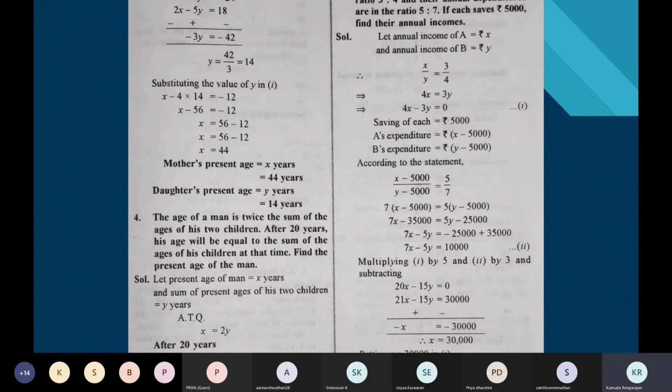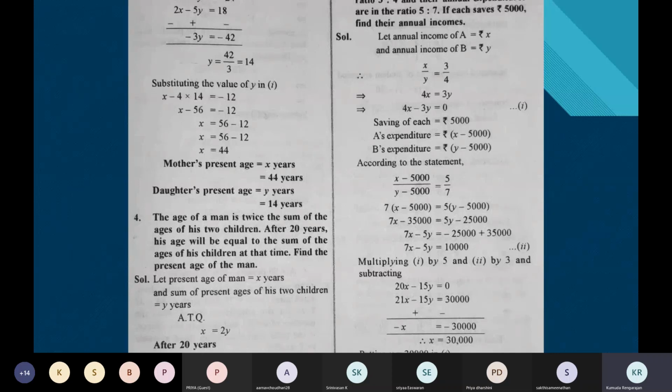So we'll start from there. The sum of the ages of the two children is y. That is one child's age plus the other child's age, together it is y. Now supposing one child is 13 years old and the other is 7 years old.